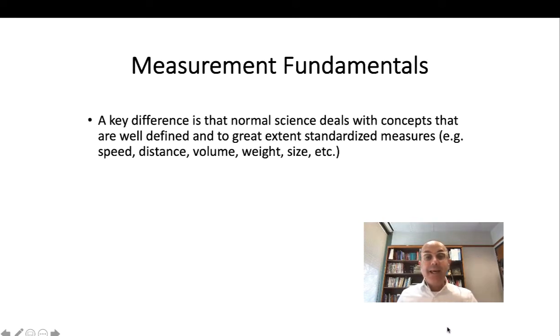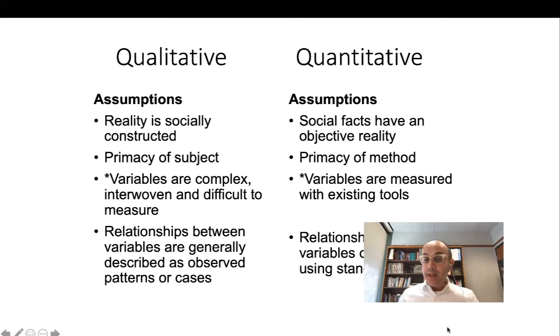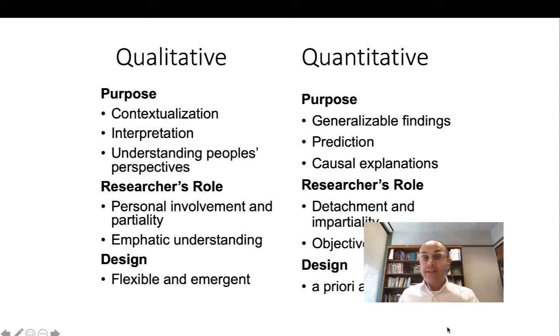And the idea here is that in both platforms or methodologies, we have assumptions that we are trying to measure, but the purpose and the role of the design is a little bit different in each paradigm. In qualitative, it's much more flexible and much more dependent.